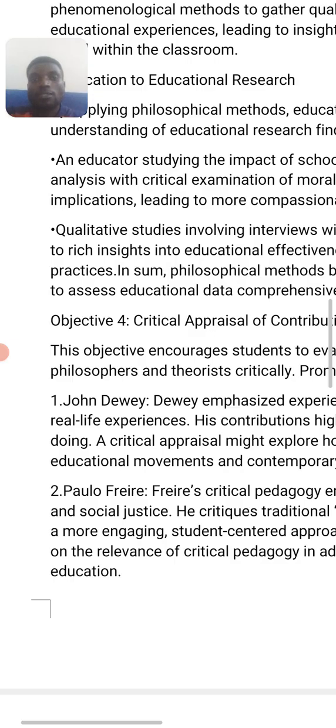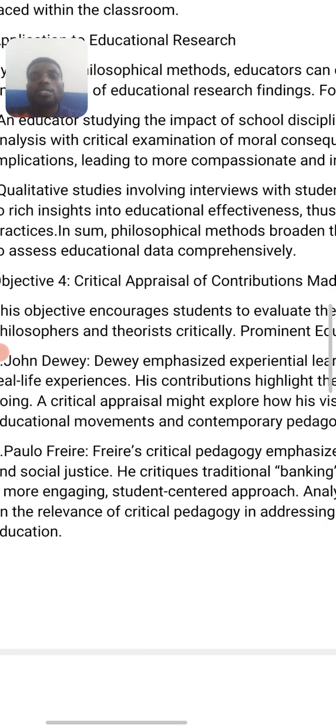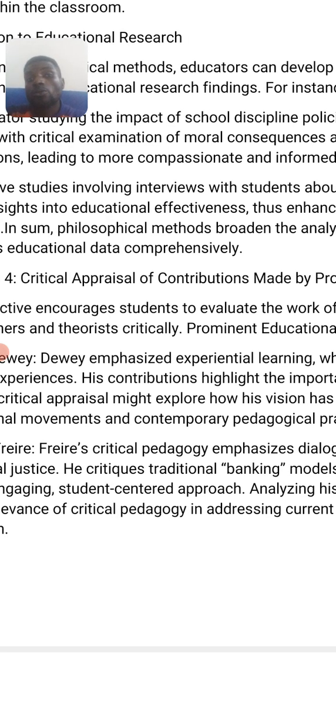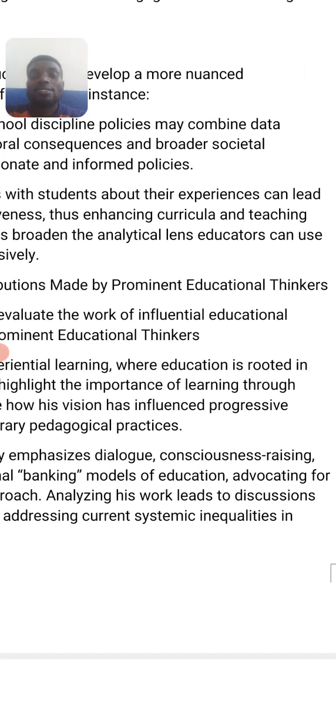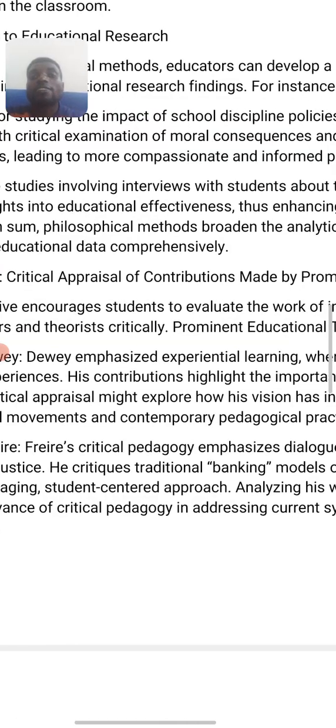Okay, next we're going to be talking about qualitative study. Qualitative study involves interviewing students about their experience. It can lead to rich insight into educational effectiveness.